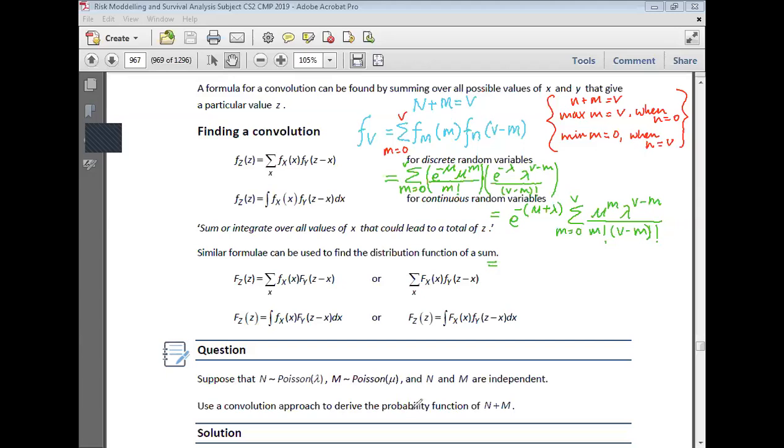We have to determine the probability function for our v, which is n plus m here. So what can I do next? Anyone?